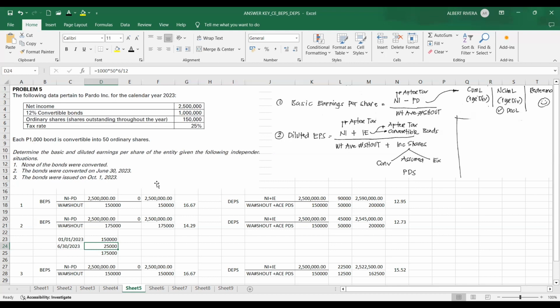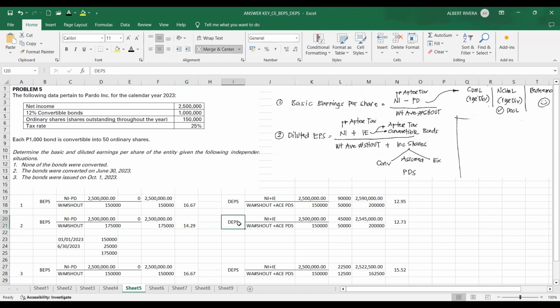From June to December. So that is 6 over 12. So it became only 25. So that is 1,000 times 50 times 6 over 12. So this is now 175,000. This is your denominator in getting the basic earnings per share. So that is 2.5 million divided by 175,000. So this is 14.29. Okay. So that is the basic earnings per share.